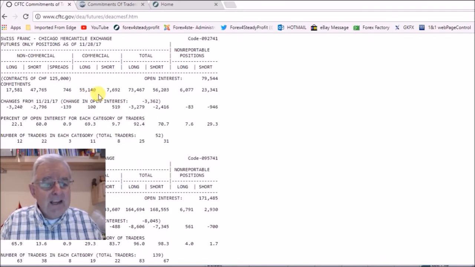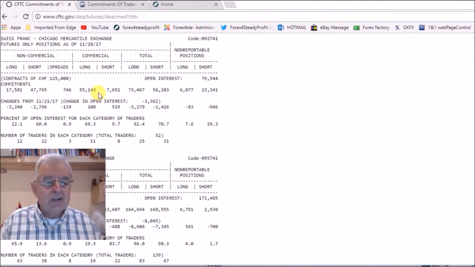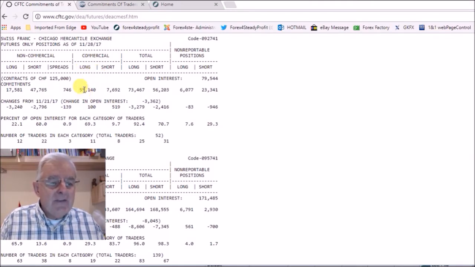So if you look at the long position and the short position, there is a ratio between longs to shorts. And in this case, the Swiss franc, on the commercials, they have a long ratio of just over 7 to 1.